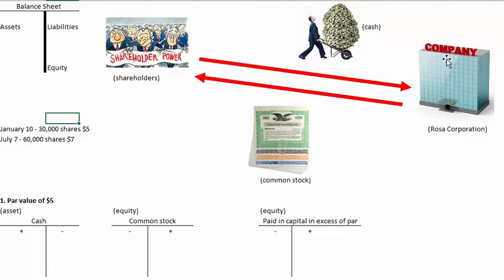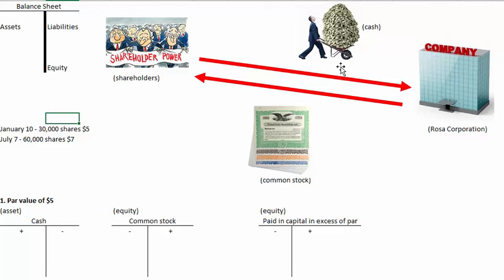So we're interested in what happens to their financial records. And in this transaction, the shareholders over here are giving cash, pushing a wheelbarrow of cash over to the company and giving it to them. And in exchange, the organization is saying, okay, you give us that cash, we give you something in return, and we give you shares of common stock, and that's represented by these stock certificates here. So that, in essence, is the transaction.